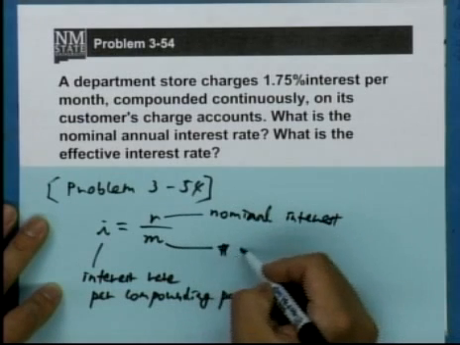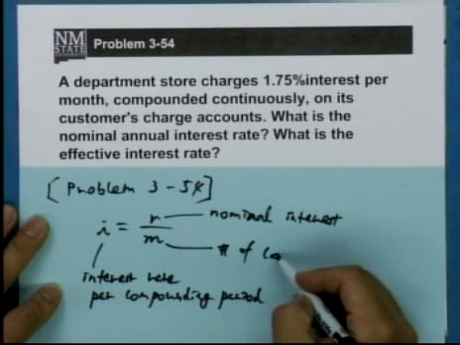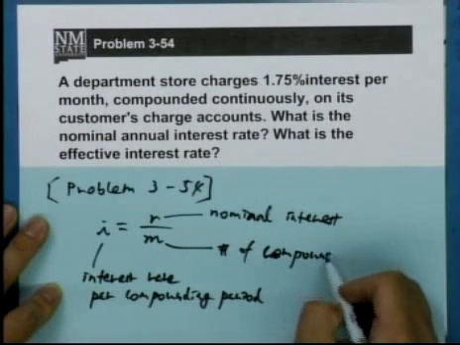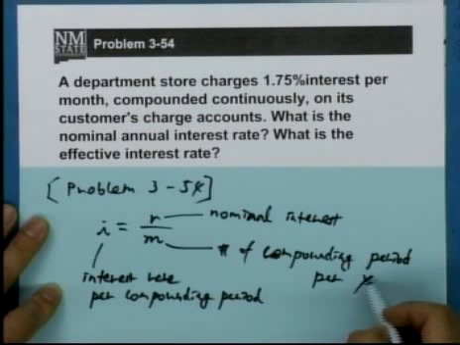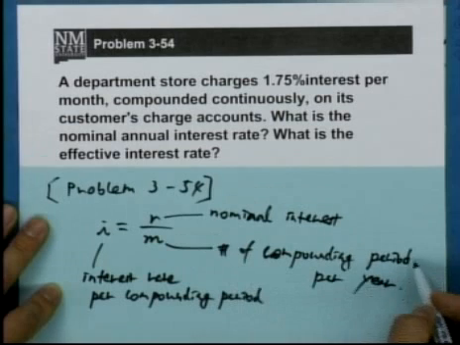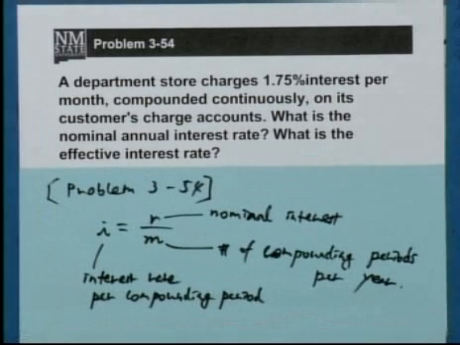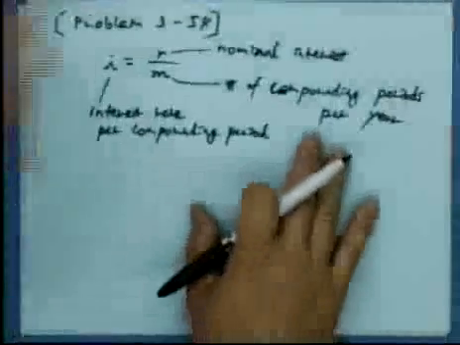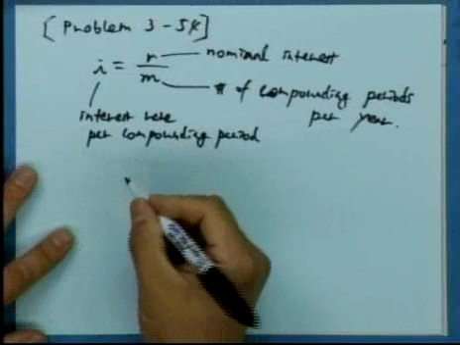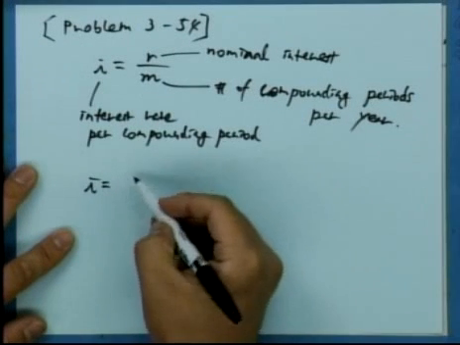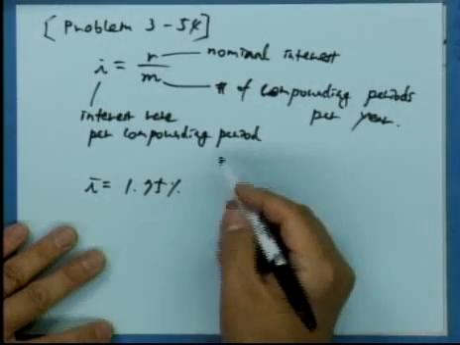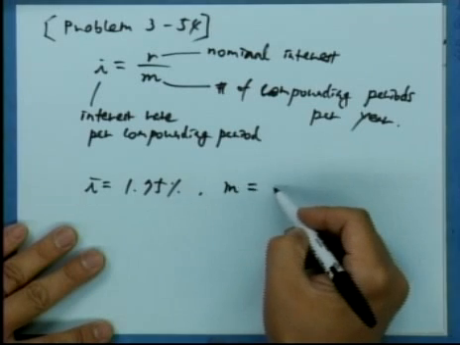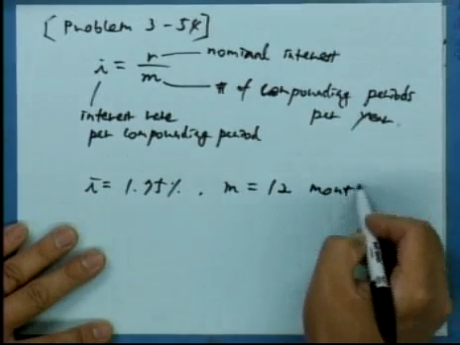M is the number of compounding periods per year. So here, from the problem description, we know that I is given as 1.75%, and M is 12 months. Okay?